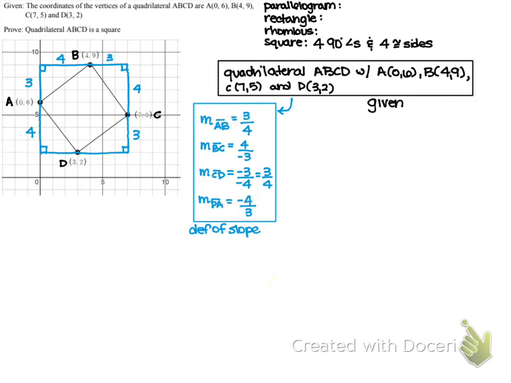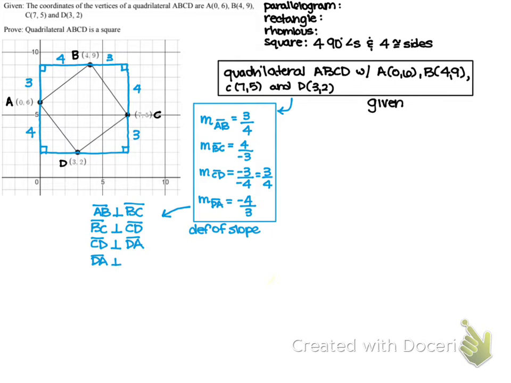So what I'm going to do from here is I'm going to say, okay, well now I know because of my slopes, I'm going to kind of branch off to the side over here. Then I know that each of the line segments, well, I'm going to have that AB is perpendicular to BC, but BC was perpendicular to CD. CD is perpendicular to DA, and then let's finish this loop.